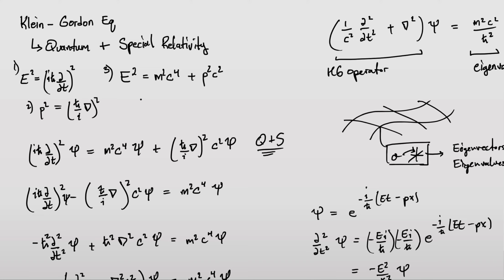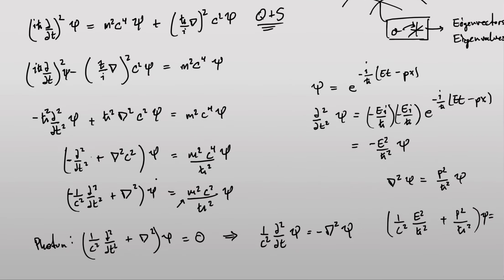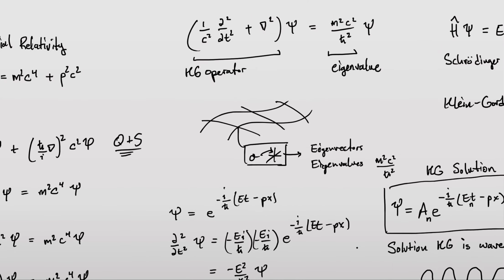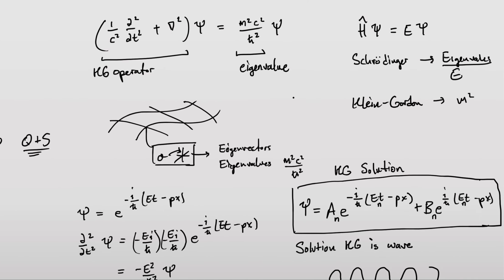So we start off with these and we deduce the Klein Gordon equation. Then we said, here's the Klein Gordon operator, and associated with it is this eigenvalue. This is the operator formalism of the Klein Gordon equation. We said that the eigenvalue contains this mass element in it.